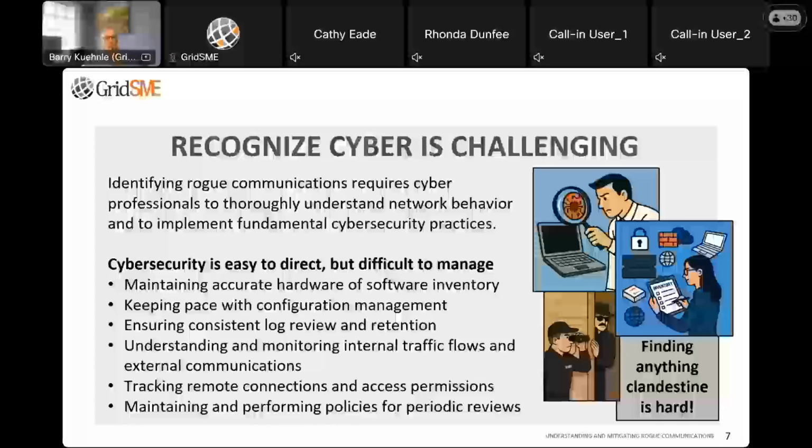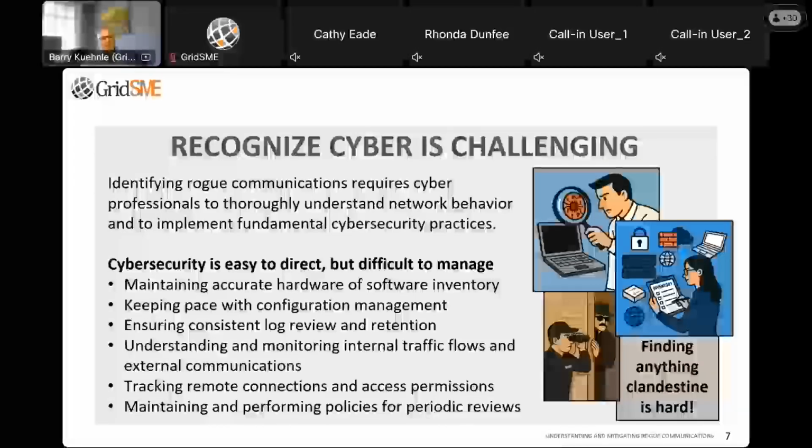Like I said, I've been doing this since the late 90s, and I recognize, and I hope everyone on this call recognizes as well, and if they don't, hopefully they will after this presentation today, that cybersecurity is hard to do anyway, even on the best of days in an environment where you know everything that's happening.